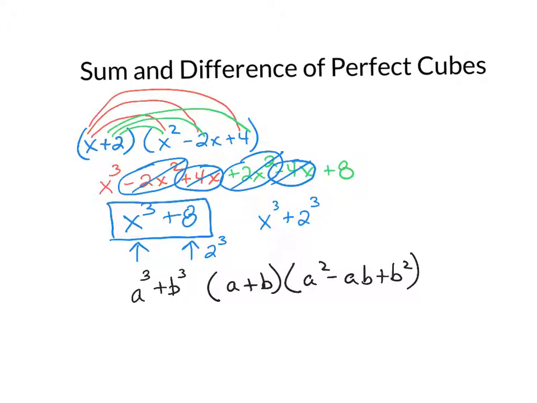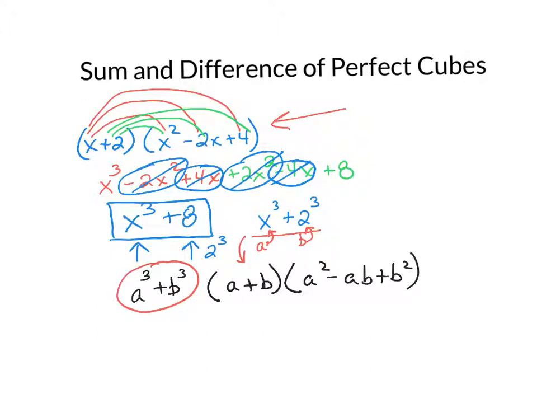Knowing that we have this x cubed plus 2 cubed, you can see that it will factor down to what we started with up here. I'm going to say my a is the same thing as this x, and my b is the same thing as that 2, which gets into the a cubed plus b cubed.